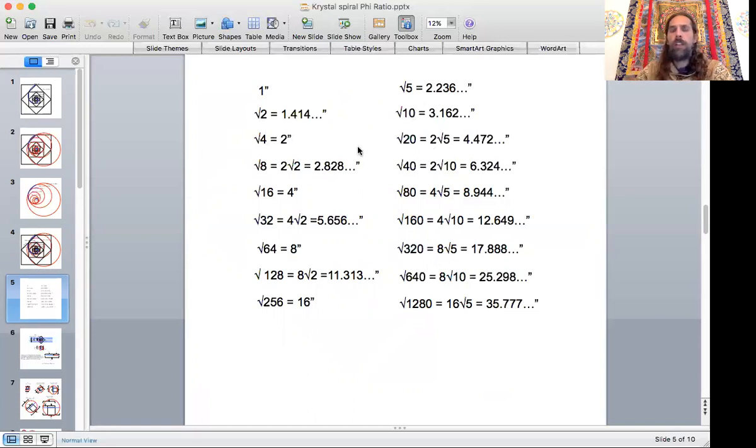And all those I laid out so they would go over top of one another as we went along. These two additional square roots, 640 and 1280 here, would be showing up later on in the sequence. So, just following these simple mathematics, I was able to discover what those measurements would be.